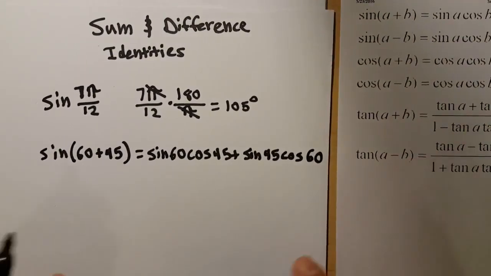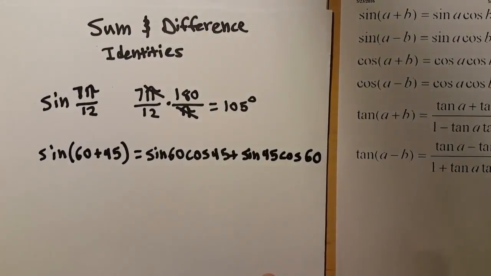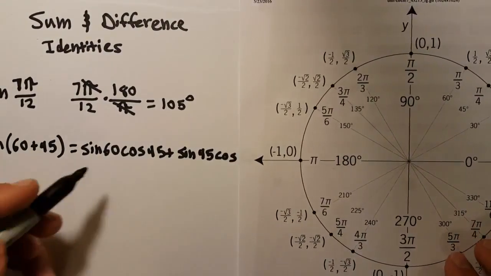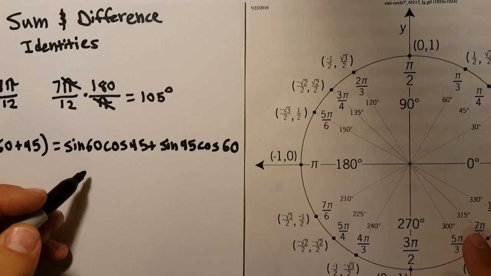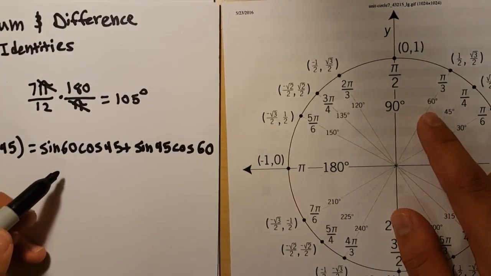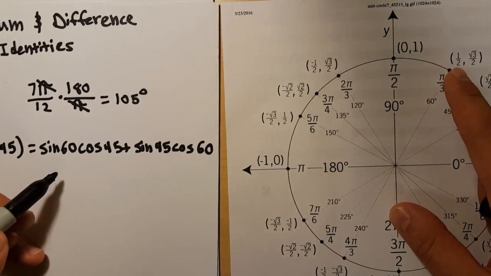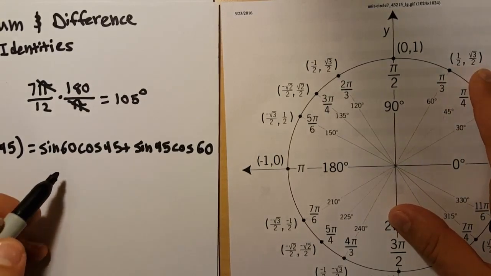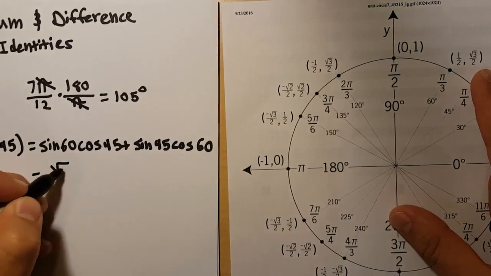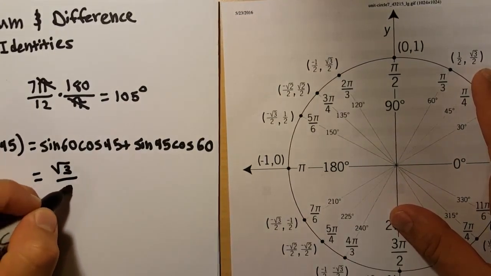Now that we got all of this down, we will look at the unit circle and see what sine 60 is. There's 60 degrees here, and cosine is 1/2 and sine is root 3 over 2. So we take root 3 over 2 and replace it for sine 60.